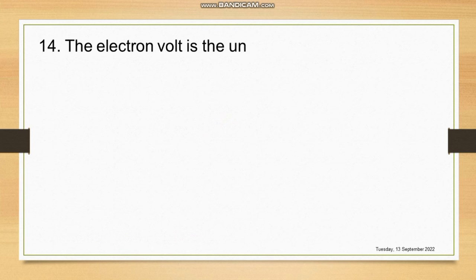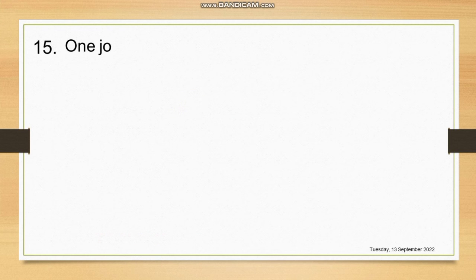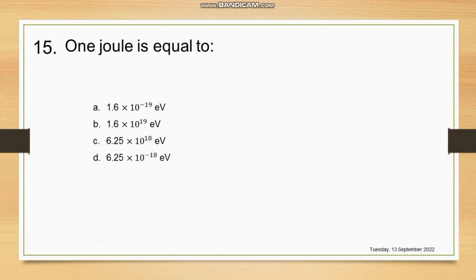The electron volt is the unit of electrical energy. 1 joule is equal to 6.25 times 10 to the power 18 electron volts.